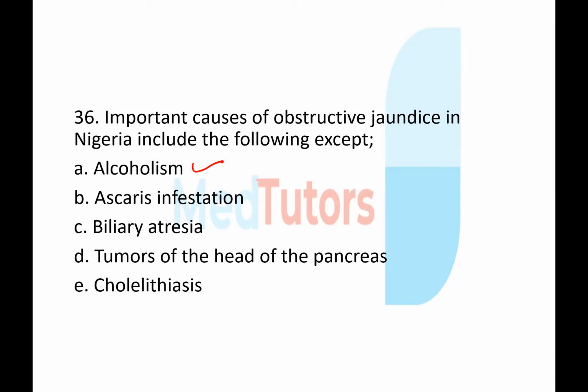But Ascaris lumbricoides can block the hepatobiliary tract. Biliary atresia, yes, can cause obstructive jaundice, especially in the pediatric age group. Tumors of the head of the pancreas are a very common cause of obstructive jaundice. Cholelithiasis is also a very common cause of obstructive jaundice in Nigeria.